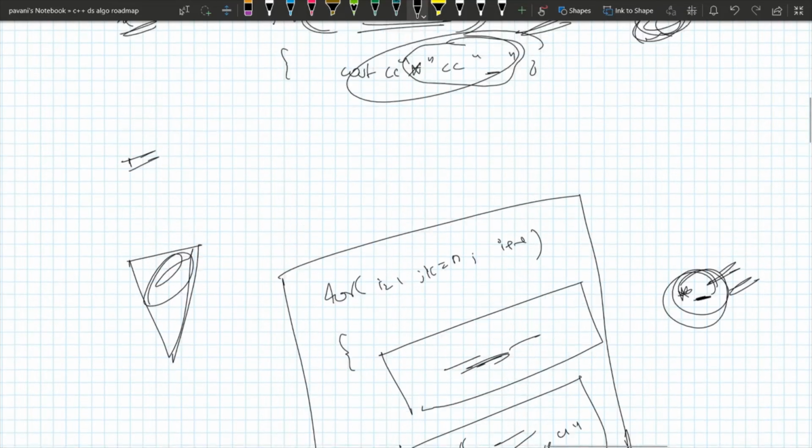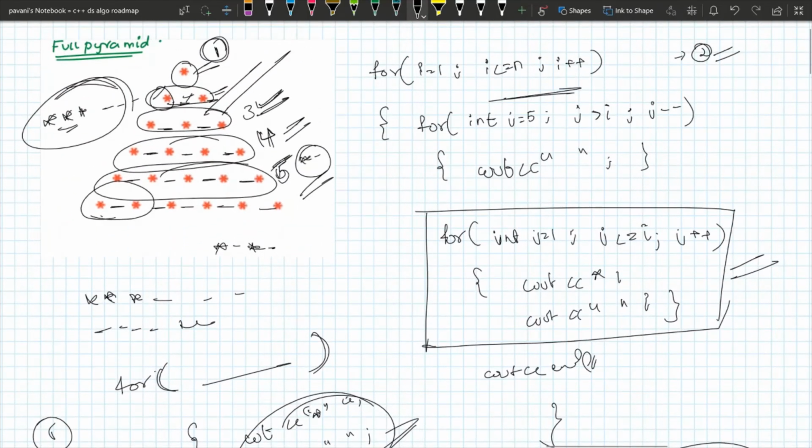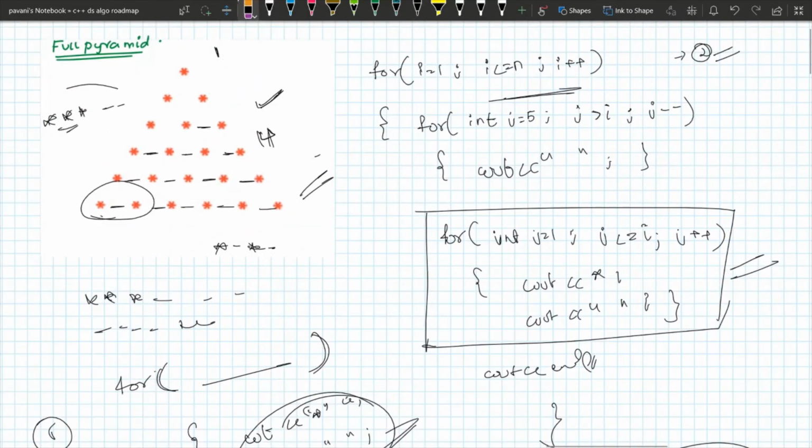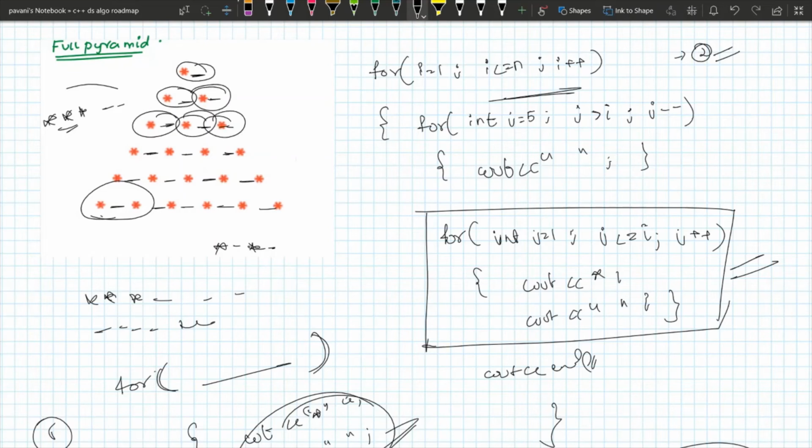That is why I've taken it like that. There are spaces in between, and this is one iteration, these are two iterations, three iterations, four iterations. I'm not dealing with a separate loop for printing these spaces.